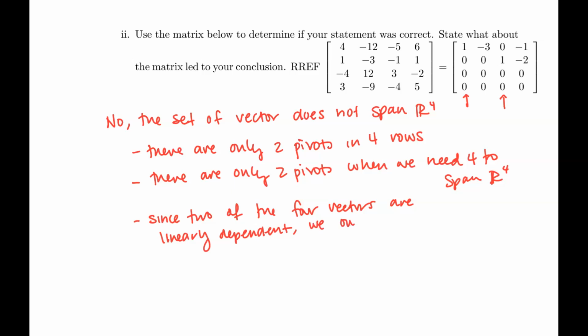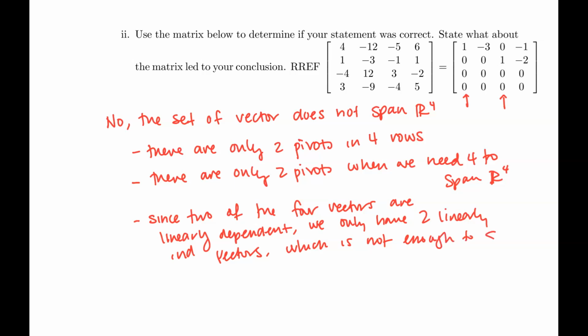We only have 2 linearly independent vectors, which is not enough to span. See, too many words. I think most students just went with this one, 2 pivots and 4 rows. But this was also nice because I'm going to have to think about the rows versus columns. We're able to just say, I need 4 pivots in order to span R4. There we go.